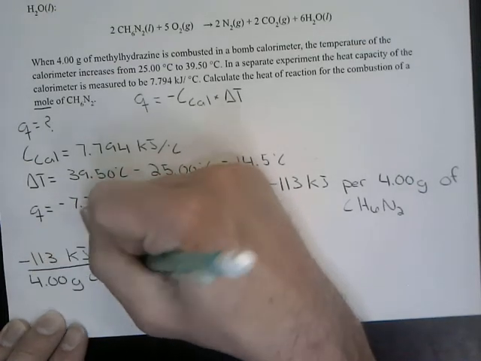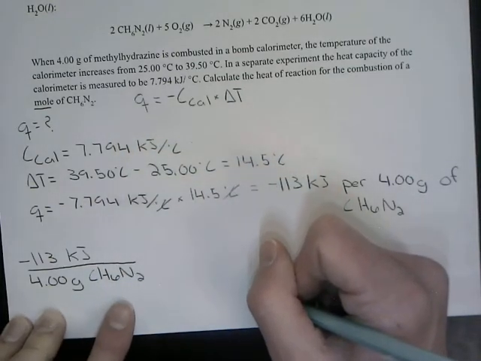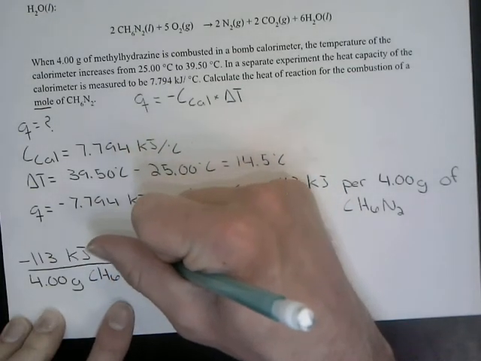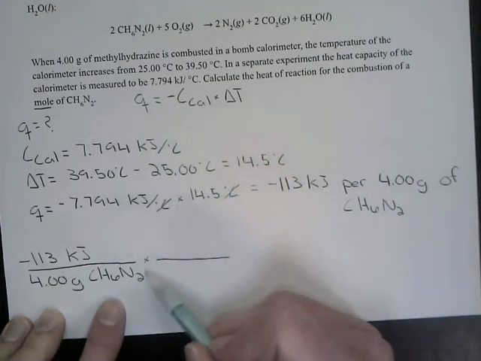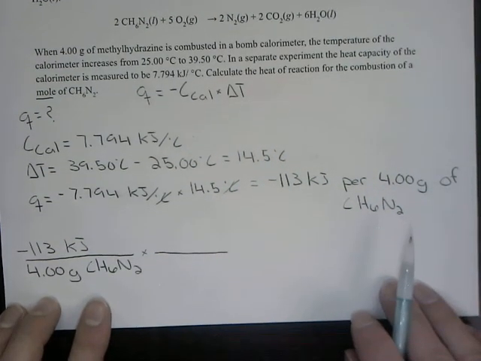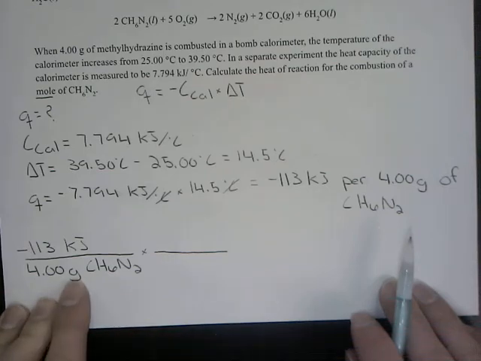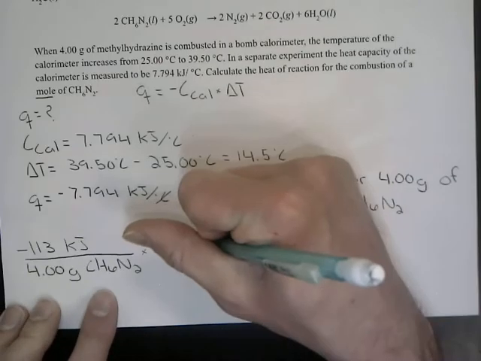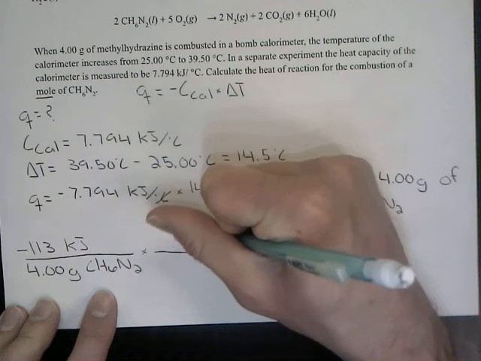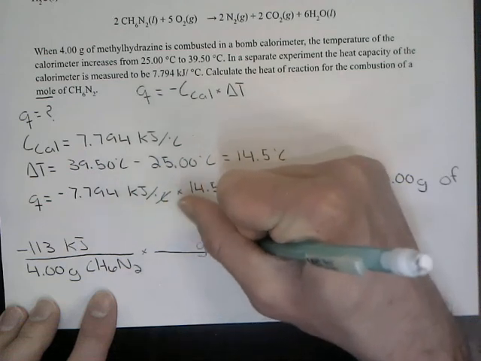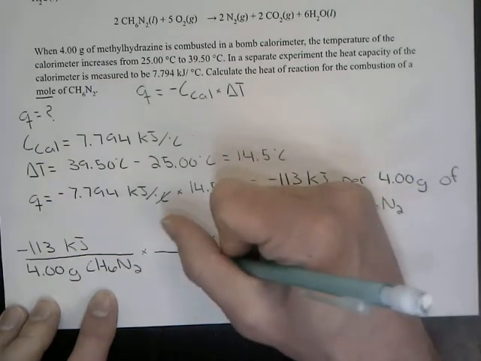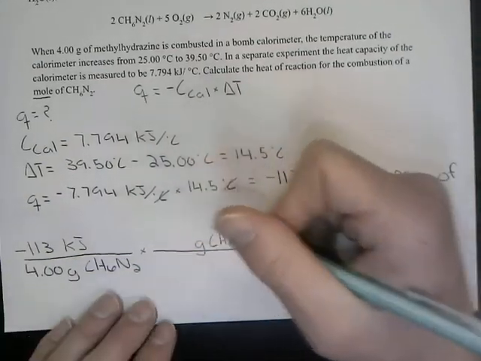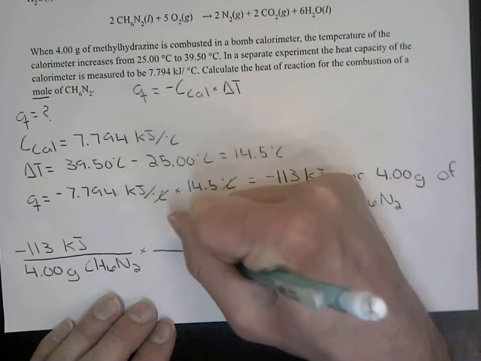We want to get rid of grams and go to moles. So we set up our simple conversion, and again, diagonal units have to cancel out. A little different thinking here because our grams are on the bottom, so we put grams of CH6N2 on top, and on the bottom we put that per mole.